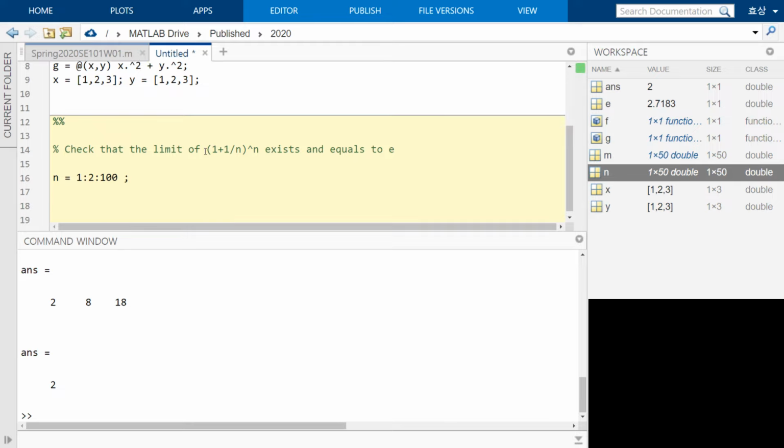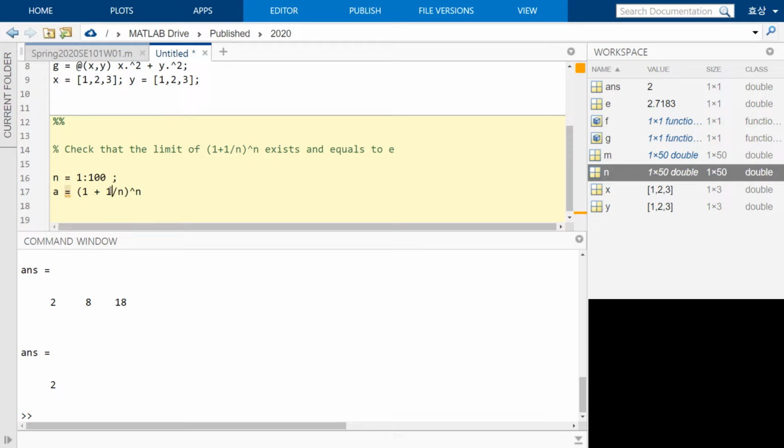And then let's create the sequence. How do you create a sequence? Say array A is defined as 1 plus 1 divided by n to the power of n. This makes a problem because you cannot divide the real number 1 by a 1 by 100 array.